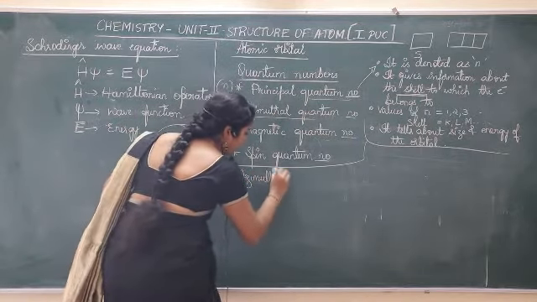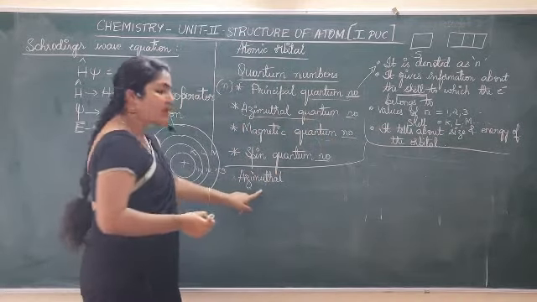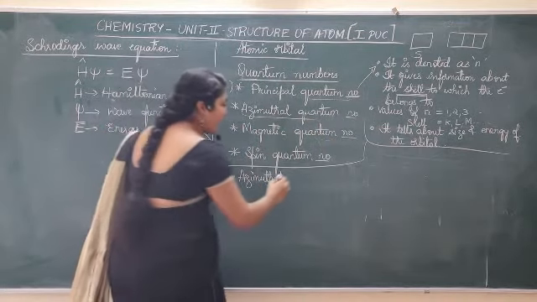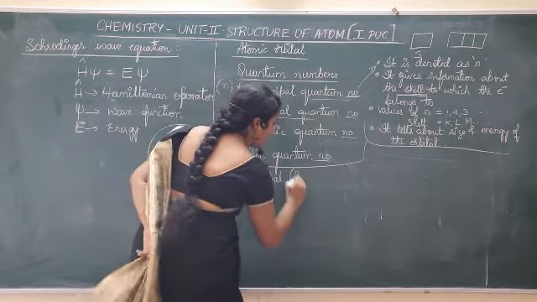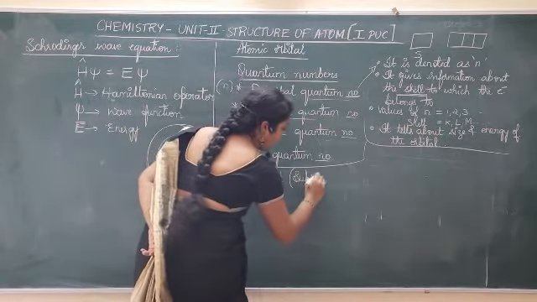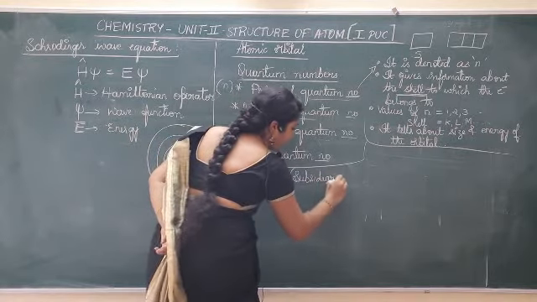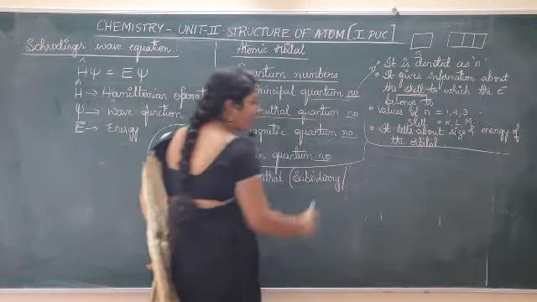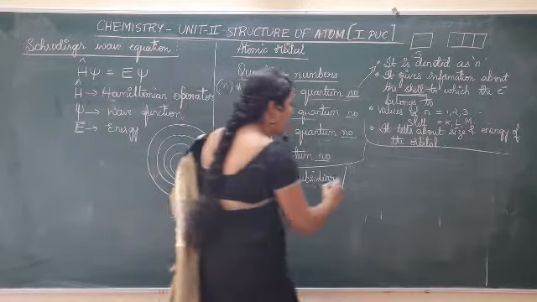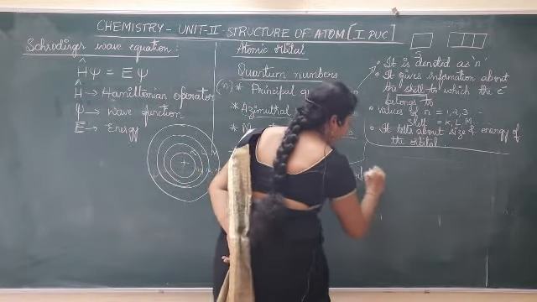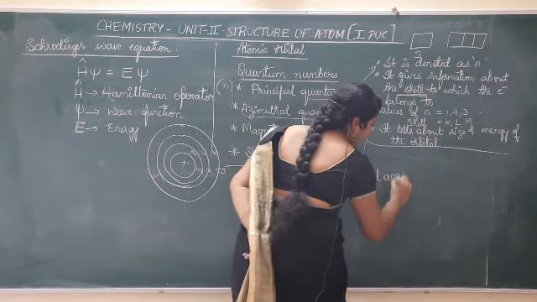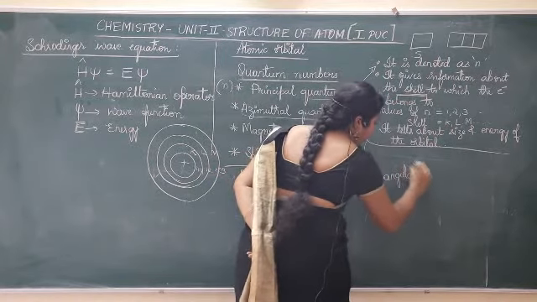It is also called as subsidiary quantum number, or it is also called as orbital angular quantum number.